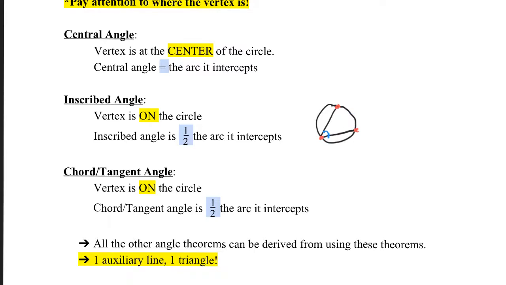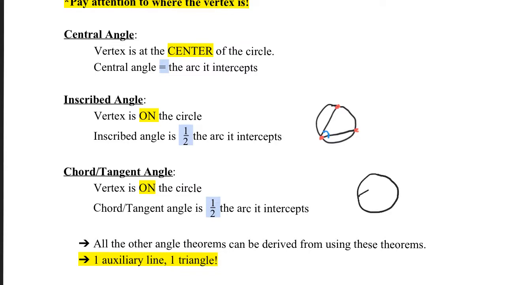And then we have a chord and a tangent, which is also a 1/2 relationship with the arc that it intercepts. Again, the vertex is on the circle for this one, just like in the inscribed angle. Same thing with our chord and our tangent.